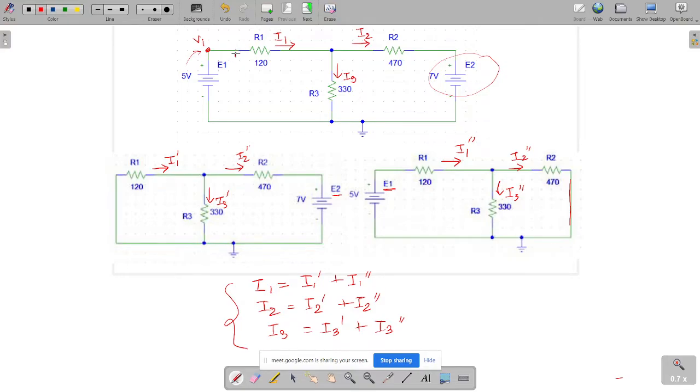Since this is the node voltage that we are trying to measure, we will be placing the voltmeter over here. The positive terminal of the voltmeter will be connected to this particular node, and the negative terminal will be connected to the ground or the negative terminal of the circuit.